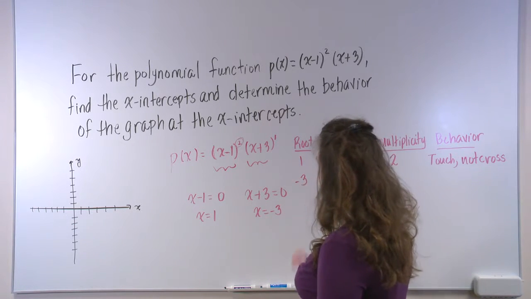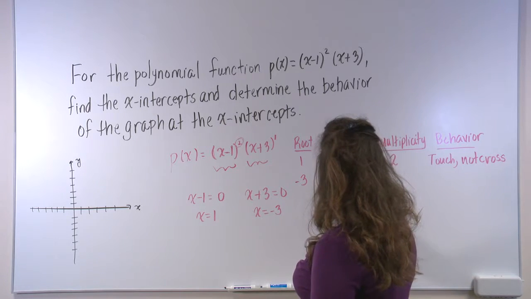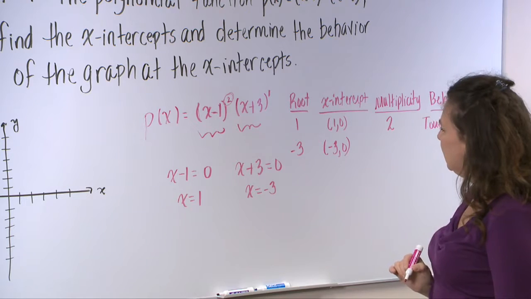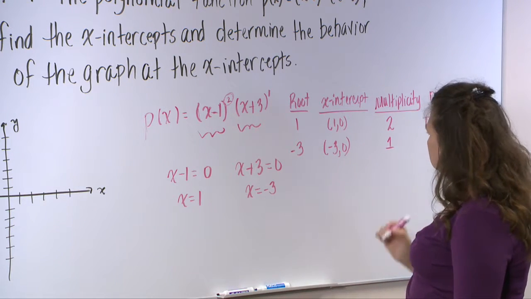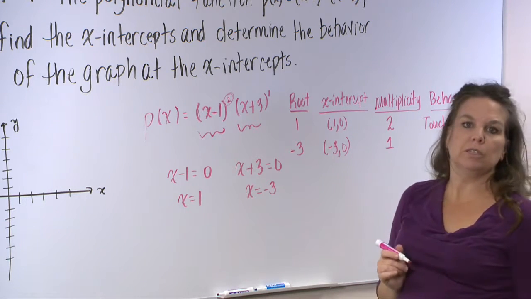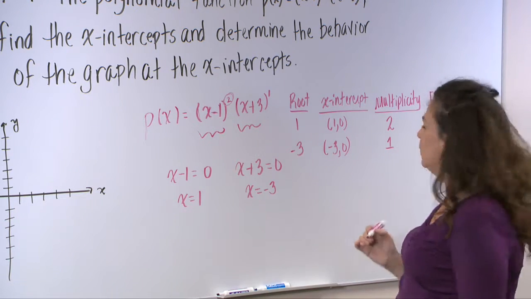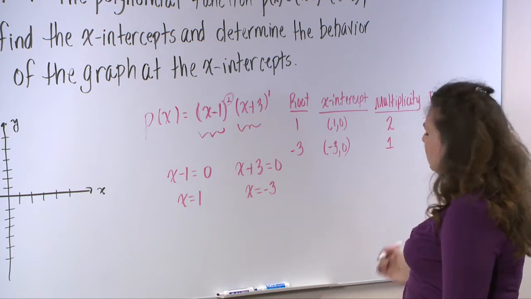So our root is negative 3. This corresponds to the x-intercept of negative 3, 0. Its multiplicity is 1. So since this multiplicity is 1, in this case it will cross the x-axis.